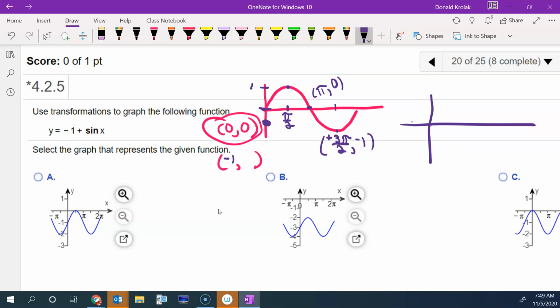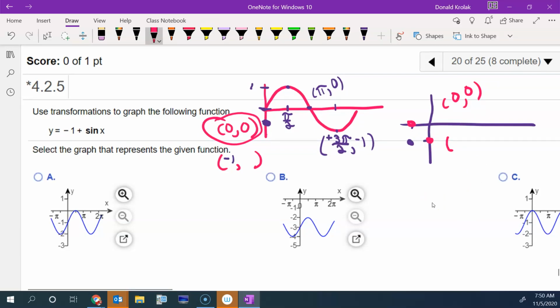So it was right here, 0, 0, and then it moved from there to here.